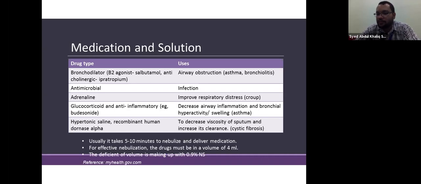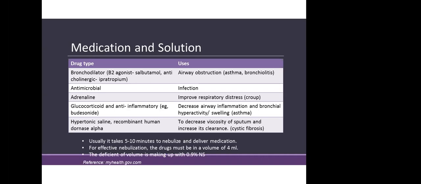Okay, proceed. Glucocorticoids have anti-inflammatory action and can reduce the inflammation and swelling, for example in asthma. Other than that, hypertonic saline or recombinant human DNase alpha can be used to decrease viscosity of the sputum and increase its clearance, for example in cystic fibrosis.